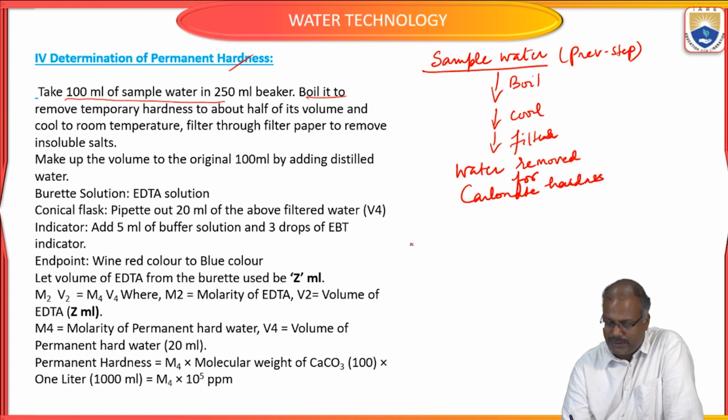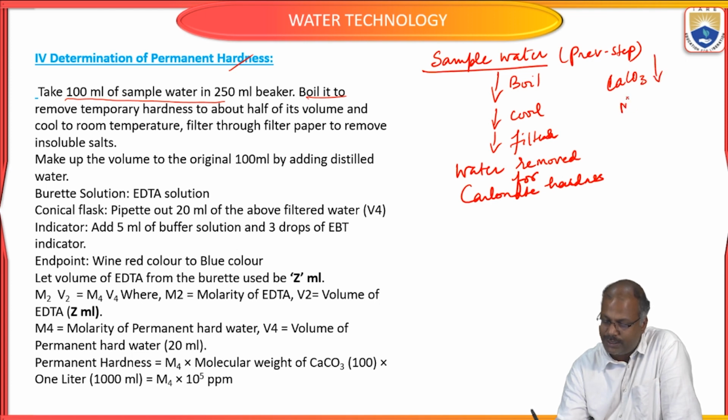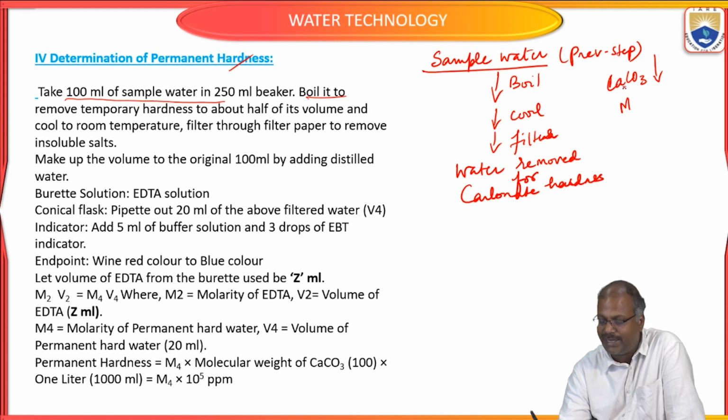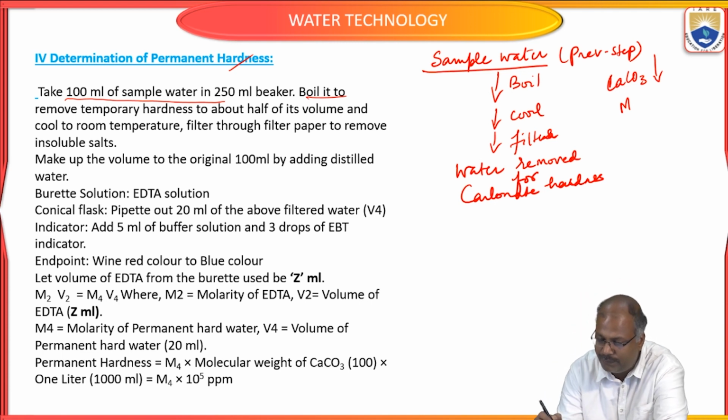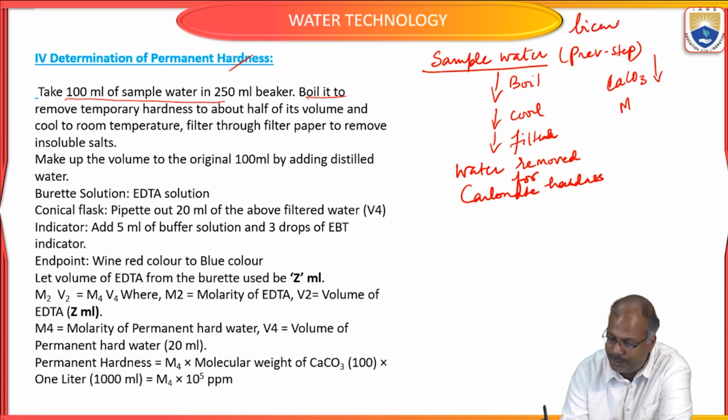So what happens when you heat boiling water? Calcium present in it will precipitate as calcium carbonate. Magnesium present in the form of bicarbonate precipitates too. See, temporary hardness can be only in the form of bicarbonates.